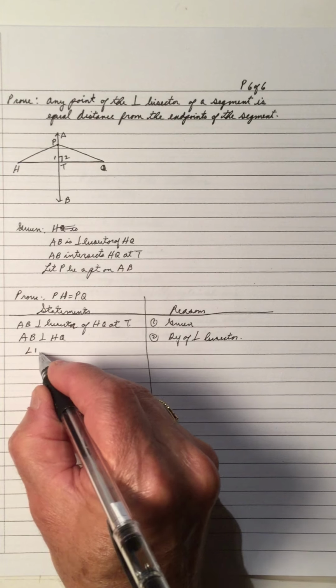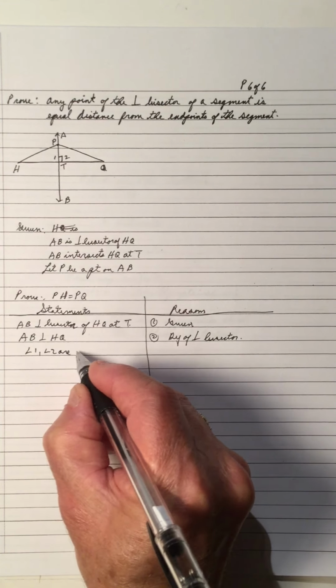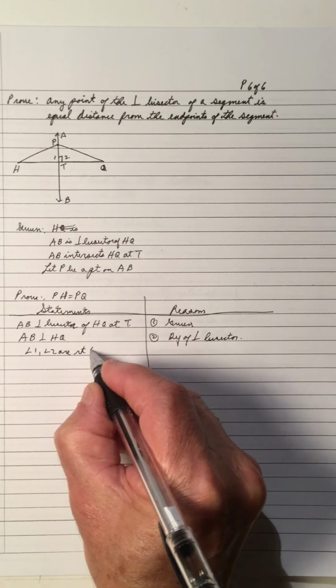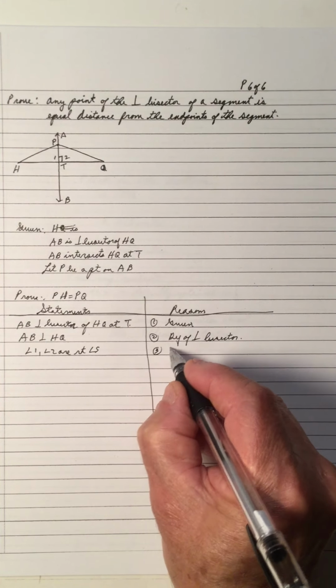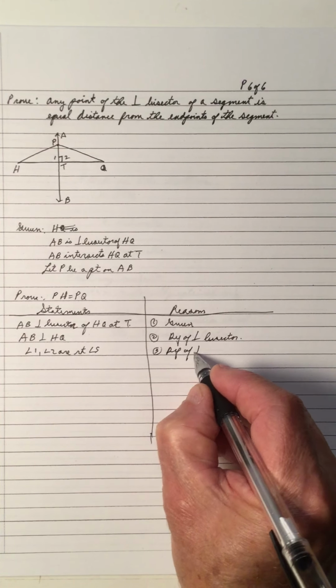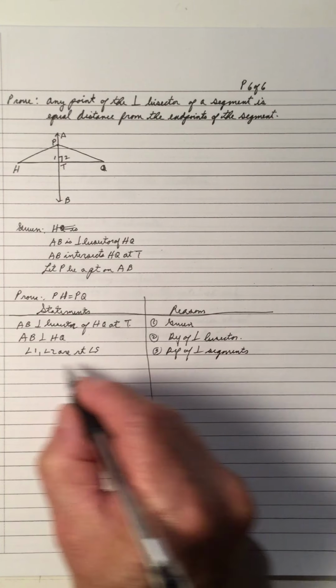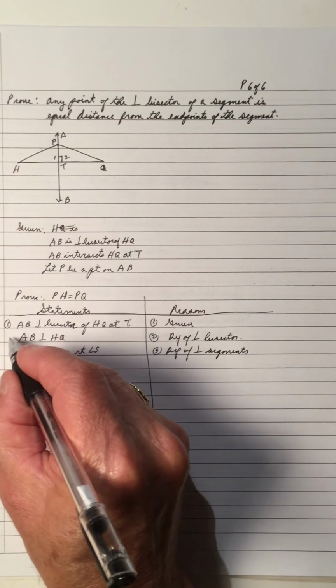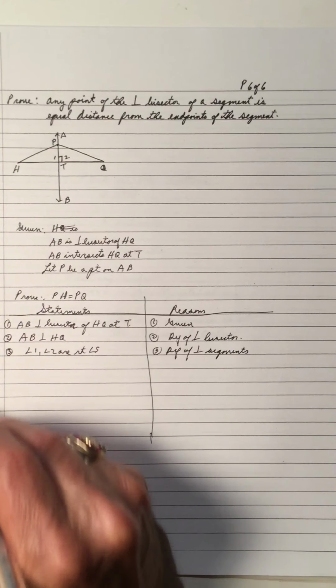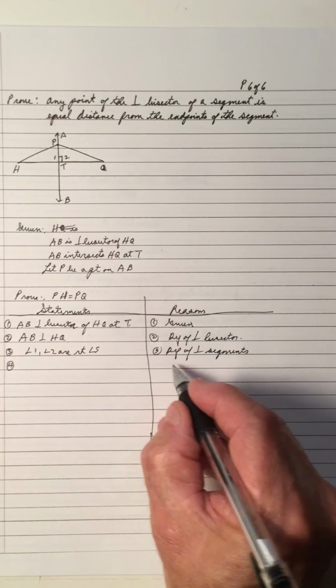Angle 1 and angle 2 are right angles, by the definition of perpendicular lines. I forgot to put these in to keep it in order so you can see what goes with what.